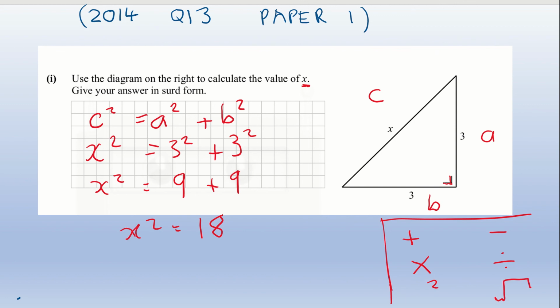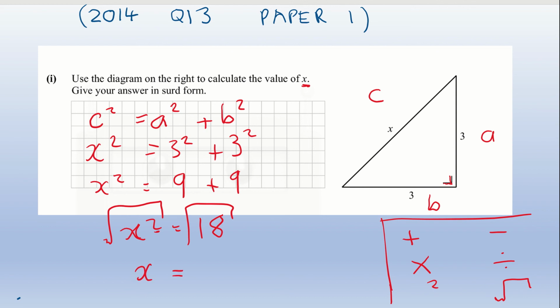So in order to get rid of the square, I'll just show you my workings out here because I'm not sure it's completely clear sometimes. If I get the square root of that side and the square root of this side, if you look at the left hand side here, I've got x squared and then I'm getting the square root of that. So the squared and the square root work against each other, and all you're going to be left with is x.